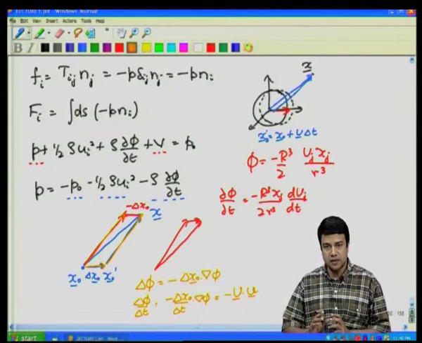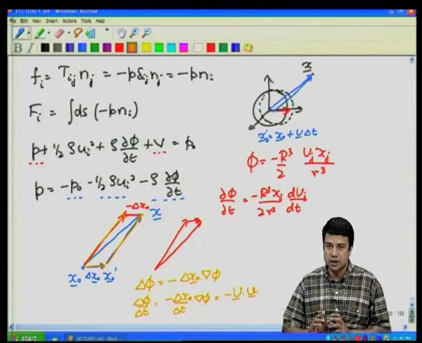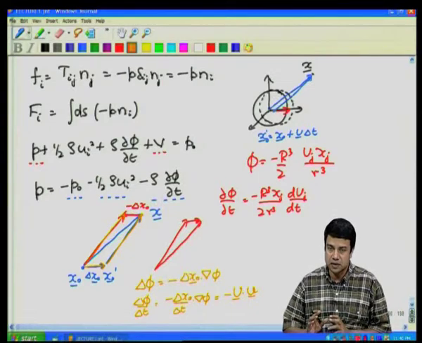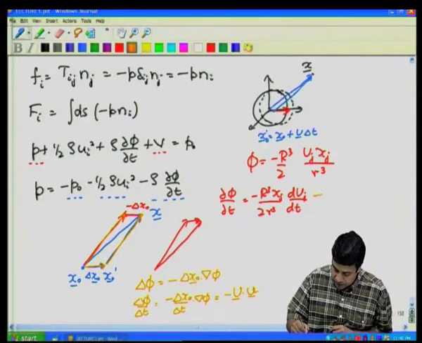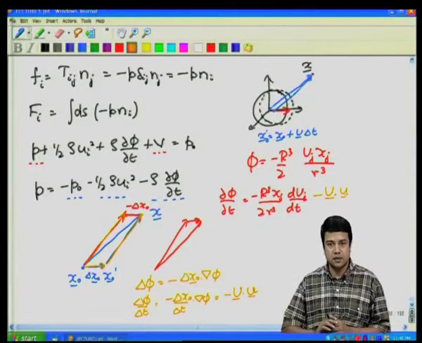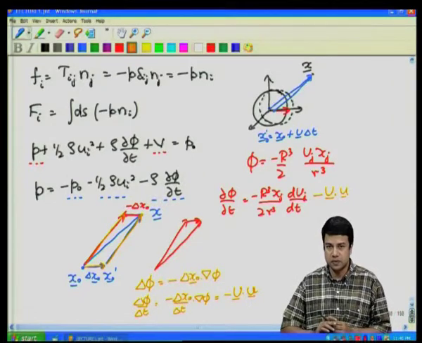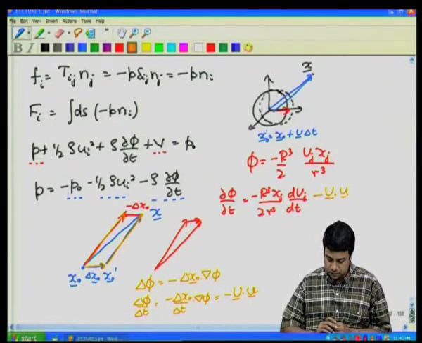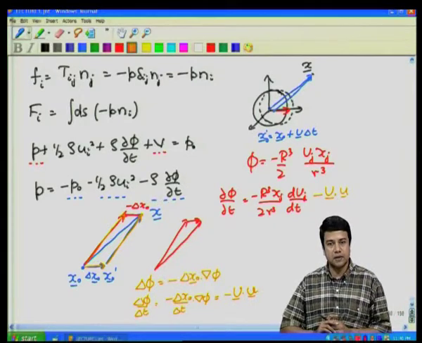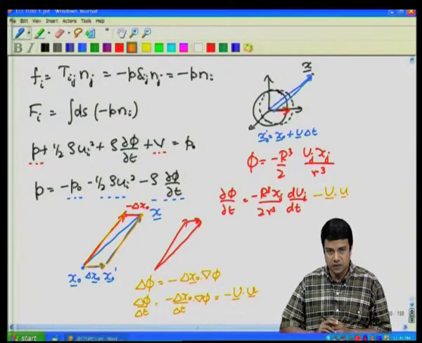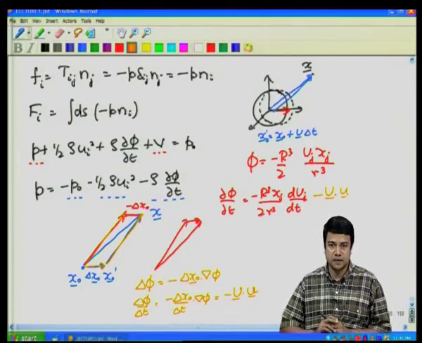This will be the additional contribution whenever you are working in a reference frame in which the origin of the reference frame is moving in time. So, I get this additional contribution to partial phi by partial t: minus capital Ui dotted with small ui. If you recall, even when we did viscous flows, we worked in a coordinate system which was fixed at the origin of the sphere.